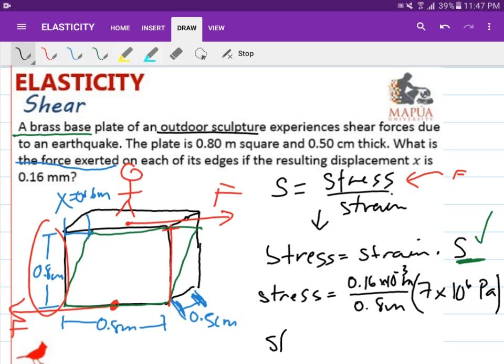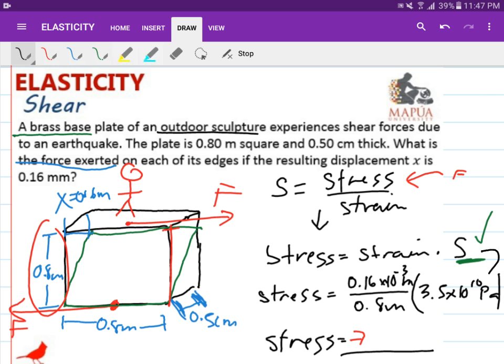So plugging in the values, we would get the stress to be equal to 7. S, this should be the elastic moduli, 3.5 times 10 to the 10 pascals.